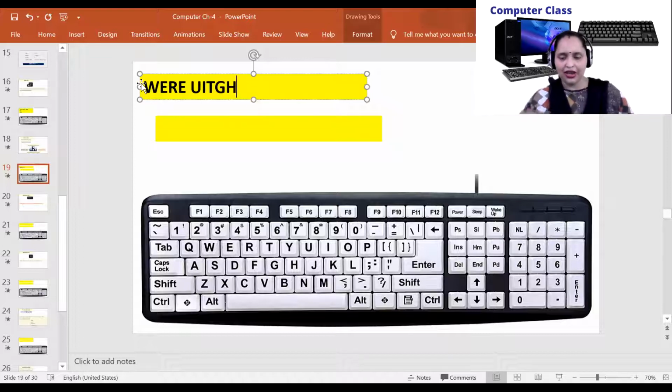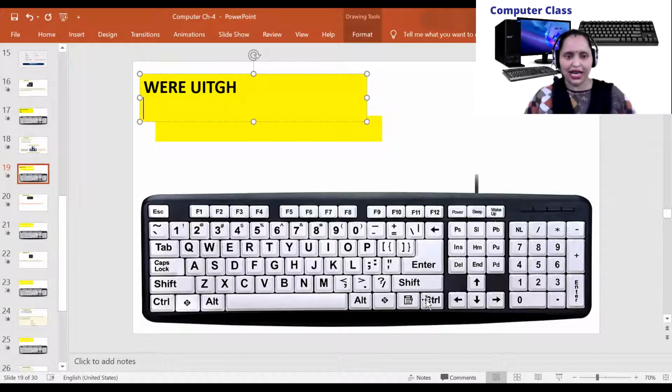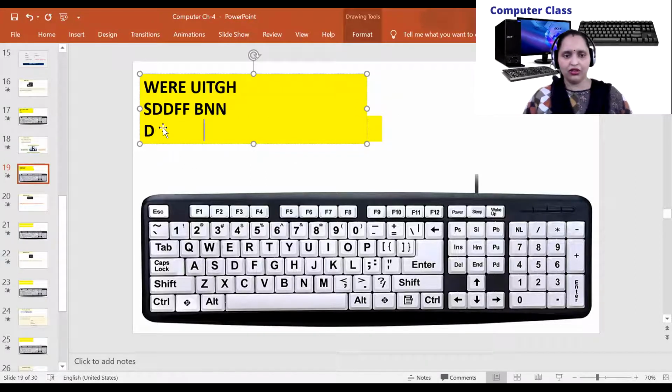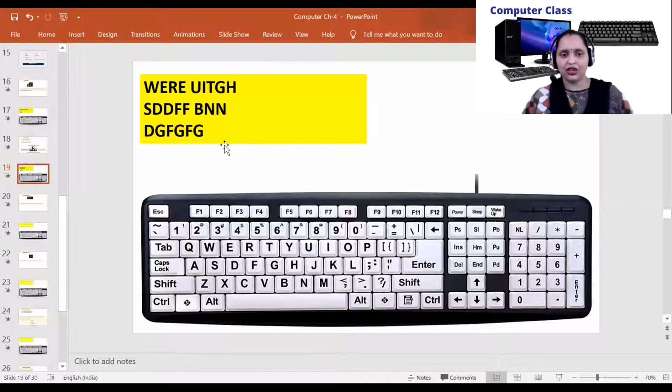Now I want the next line, I have pressed E, S, D, then N. Again I am pressing some alphabets like this only. I have pressed this.